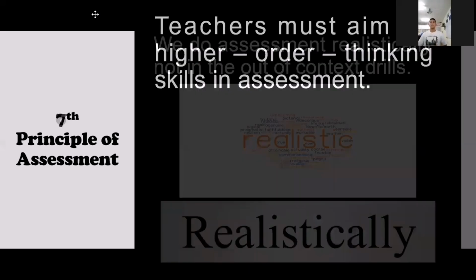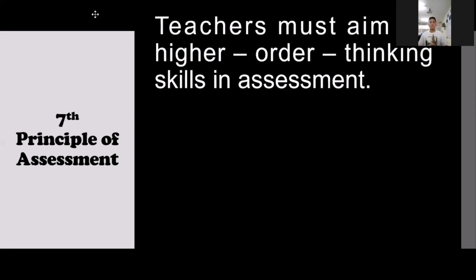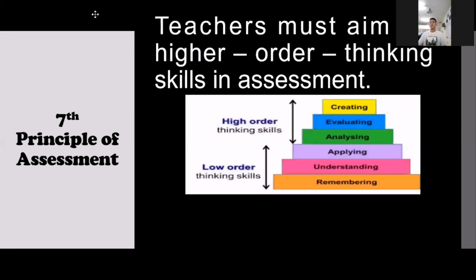Then the seventh principle of assessment is that teachers must aim for higher order thinking skills in assessment. As we all know, based on this illustration, we have three higher order thinking skills: analyzing, evaluating, and creating. These are the targets of assessment in learning, so as to attain these three levels.